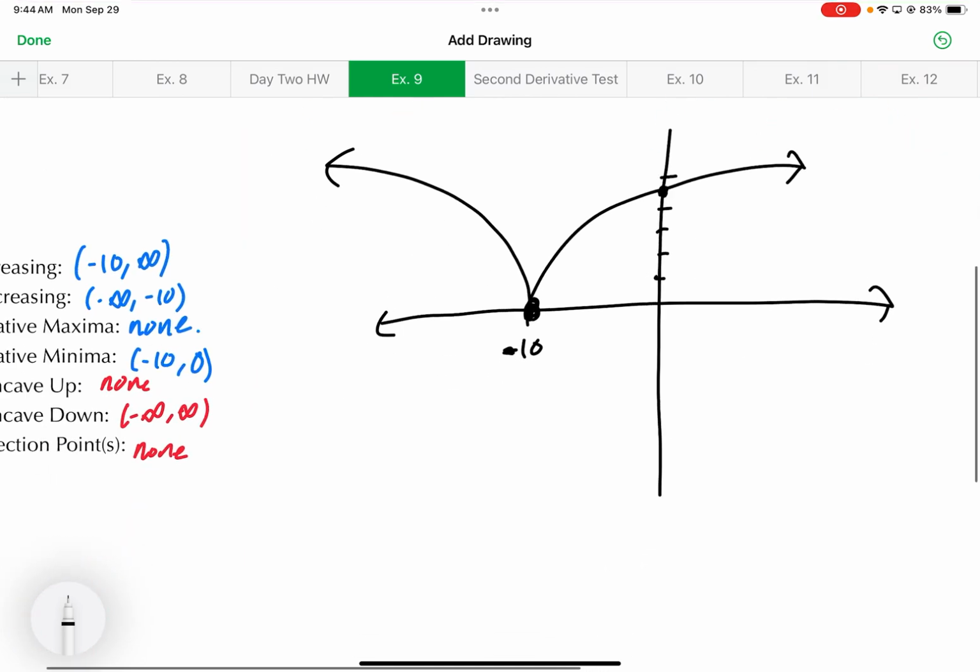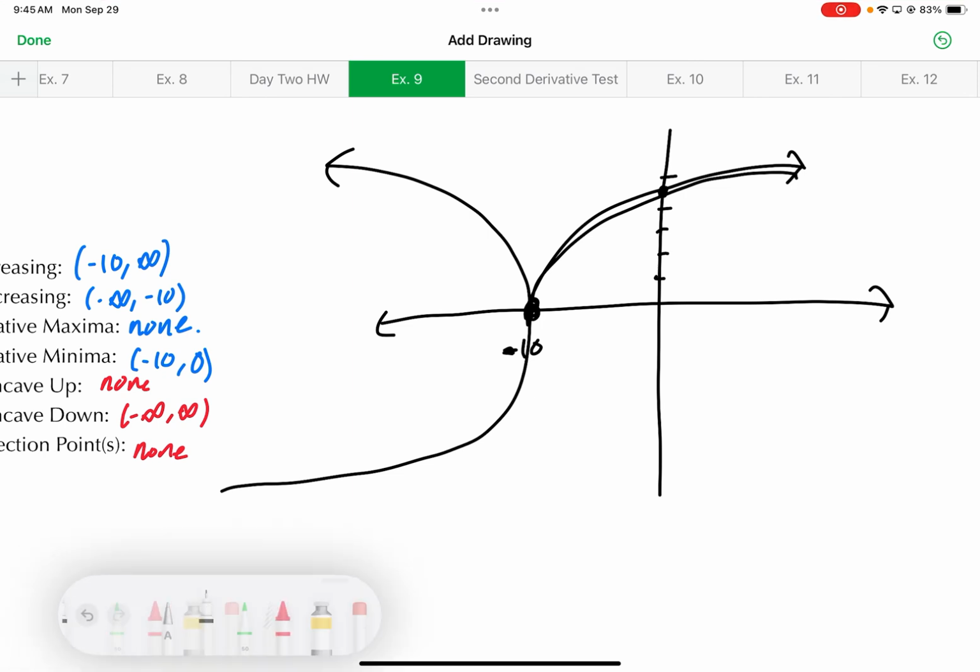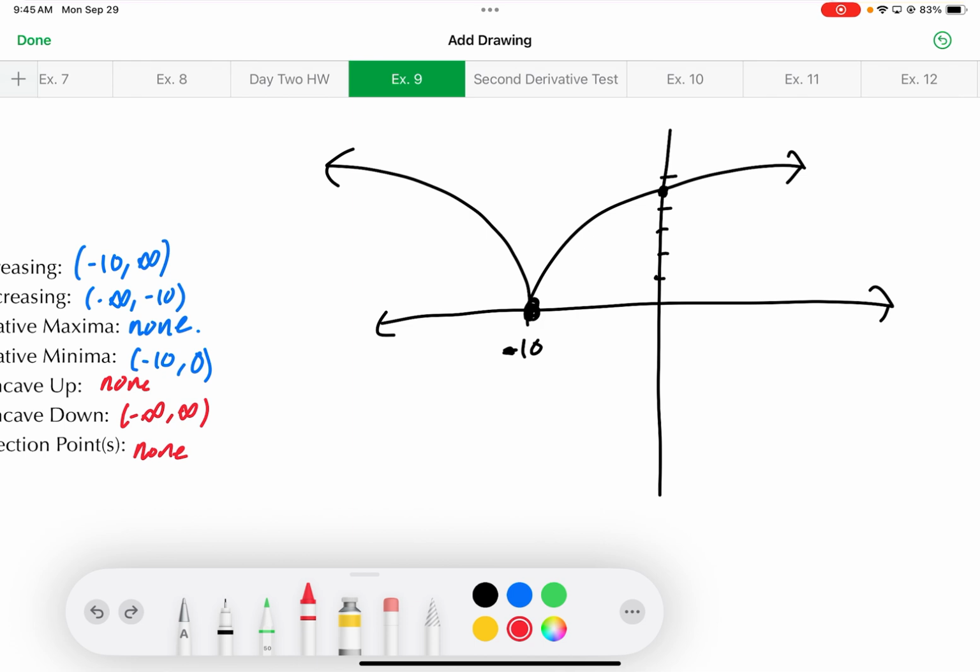And then your graph would look like this, which would give you that vertical tangent line at negative 10. So it would still make your derivative not exist, which we could see by thinking, okay, if I'm raising something to the 1/3 power, if I subtract 1 from the exponent, that will create a denominator in my first derivative, which that 0 would make my derivative undefined. So vertical tangent line is what results in that. Okay, so sharp turn.